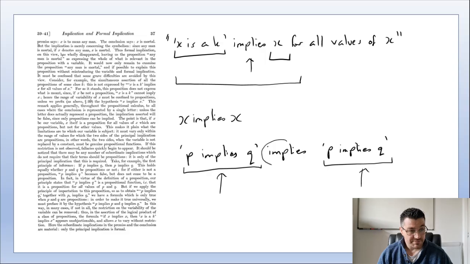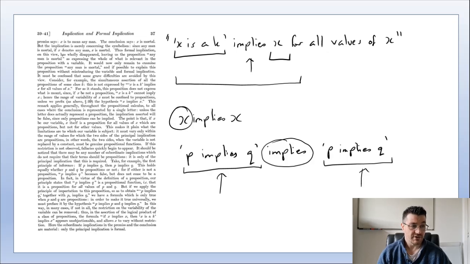But this implication in the middle here, which is, I guess, the primary implication, and these other two are kind of secondary implications, the primary implication will still be true. So the distinction here between what we've got with P implies Q implies P implies Q and X implies X is that the things on either side of the principal or primary implication are represented in different ways.